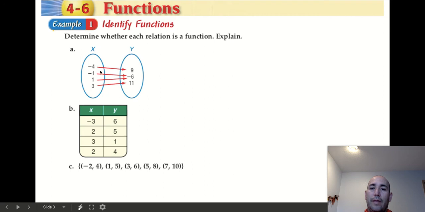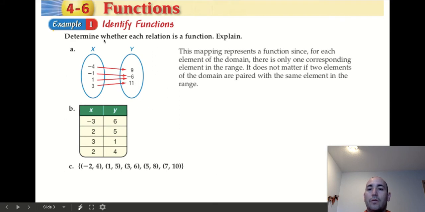So I have -4 paired with 9, -1 with -6, +1 with -6, and 3 with 11. Here you would say, look, -1 and +1 are both paired with -6, which is actually okay because each x value has its own specific y value that it is paired to. So this is what is known as a function.